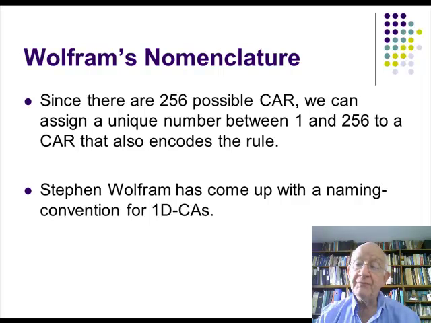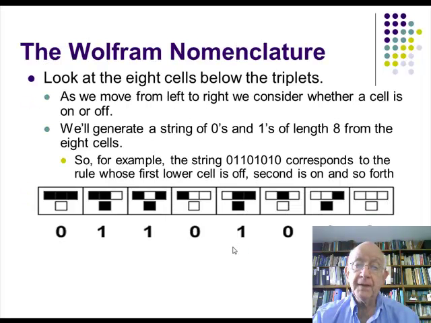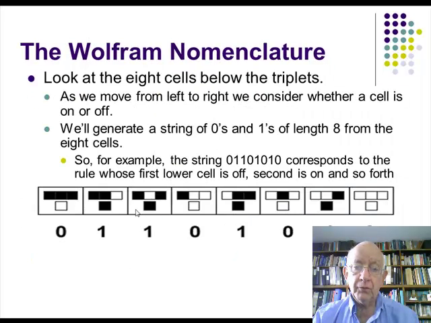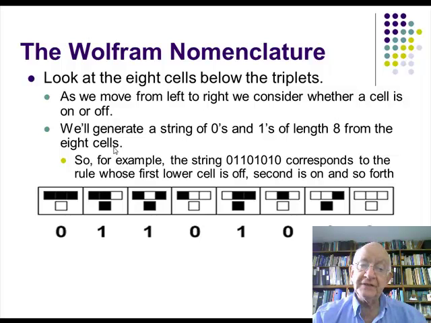Stephen Wolfram came up with a naming convention for the 1D CA. Look at the 8 cells below the triplets. As we move from left to right, we consider whether a cell is on or off: on, off, on, off, on, off, on, off. We'll generate a string of 0s and 1s of length 8 from each cell.